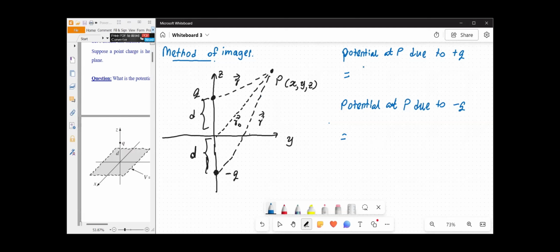So we can calculate the potential: 1 over 4 pi epsilon naught, then charge over the separation from the location of the charge to the location that we are interested in. And the location that we are interested in has the coordinates x, y, and z.